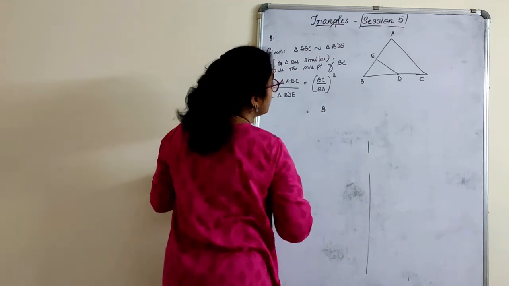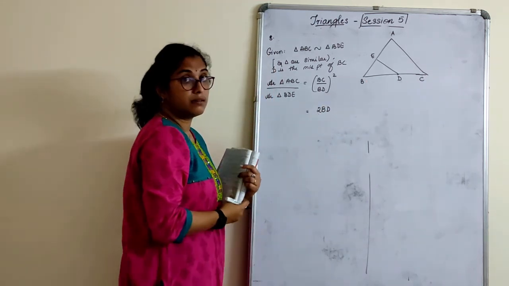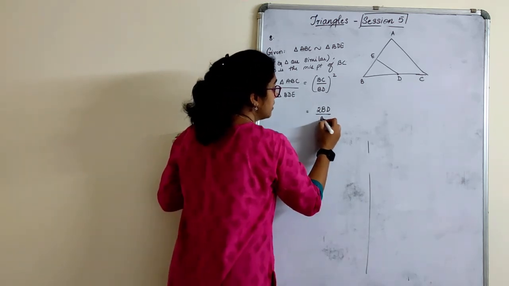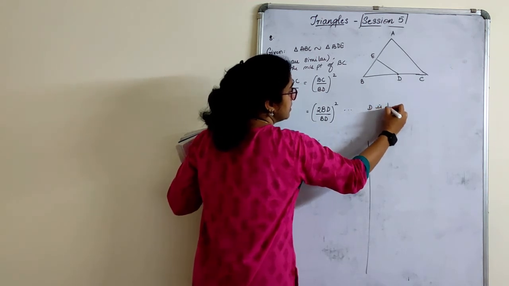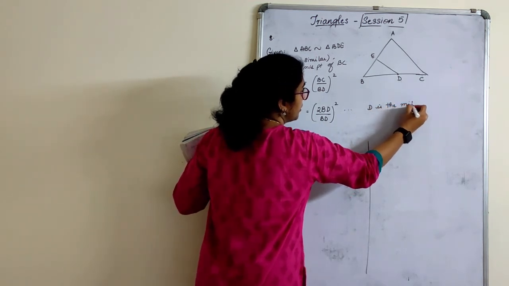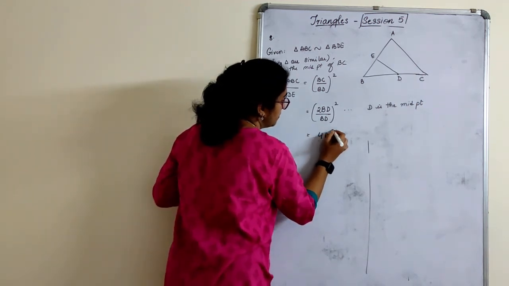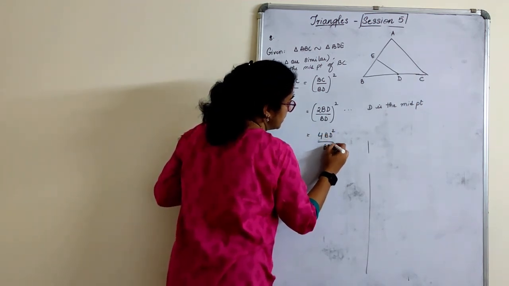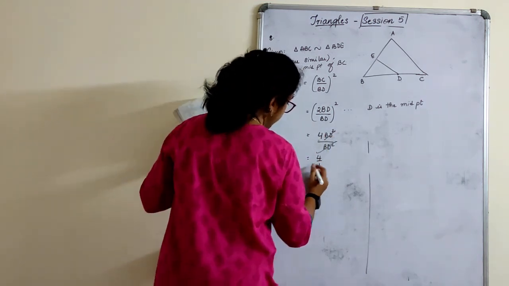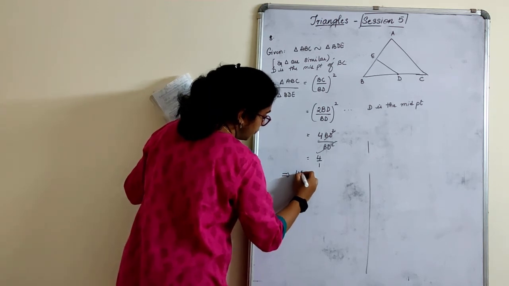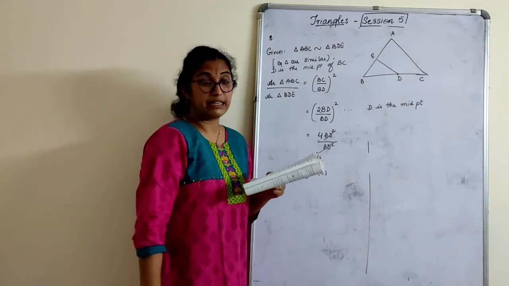BC whole can be written as 2 times BD, because D is the midpoint, upon BD whole square. Reason, D is the midpoint. 4 times BD square upon BD square cancel. So the answer is 4 by 1, which is nothing but 4:1. C option is the right answer.